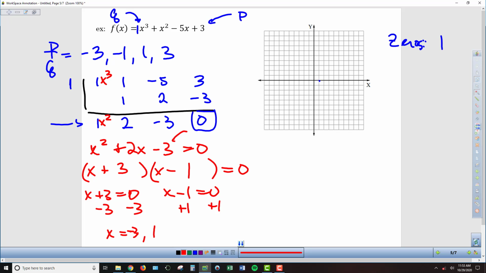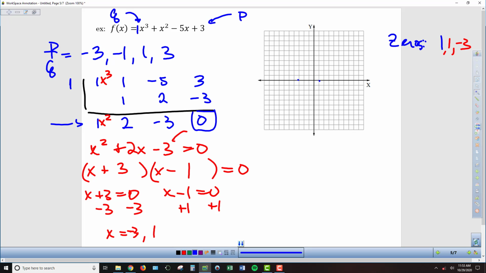So in this case, we've got that 1 showing up a second time, so we have a repeat 0 in this case, and then we also have that -3. With that repeat 0 at 1, that means our graph is going to bounce off of the x-axis at that location instead of passing through it. And then with x equals -3, we can go ahead and plot that point as well.